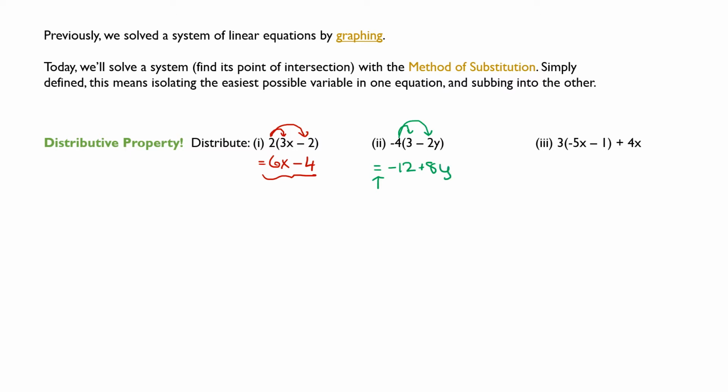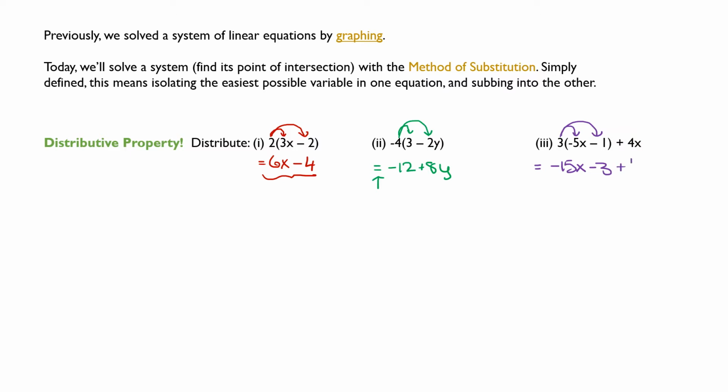Last one, I'm going to distribute the 3 into, first start with an equal sign, the negative 5x. 3 times negative 5x is negative 15x, and then 3 times negative 1 is negative 3. This piece is not inside the bracket. That plus sign keeps it apart, which means we don't distribute to that plus 4x.